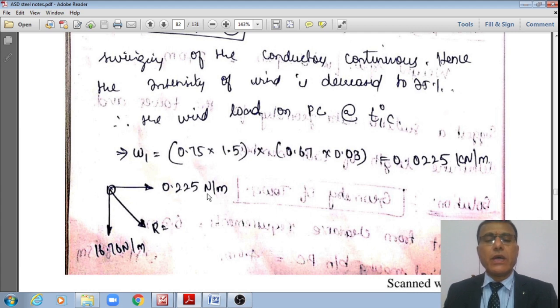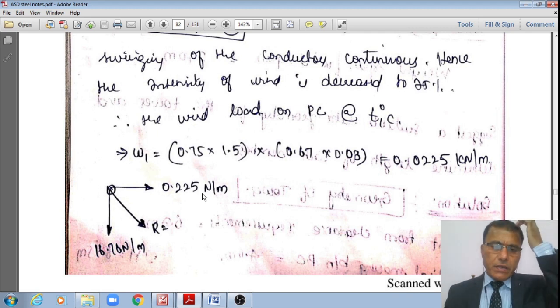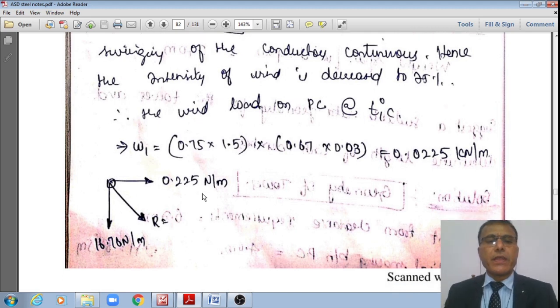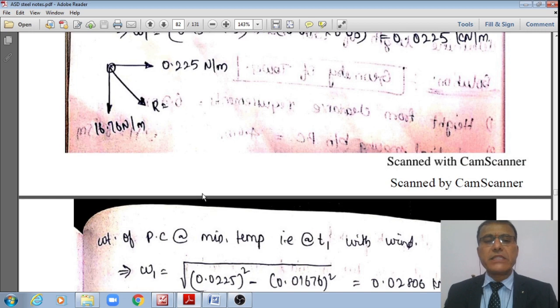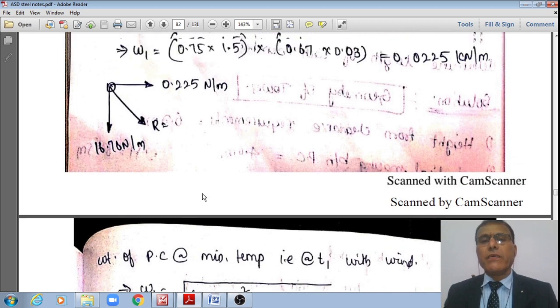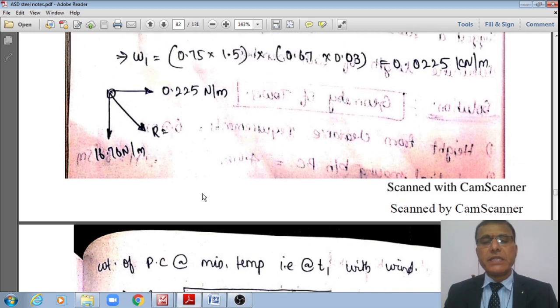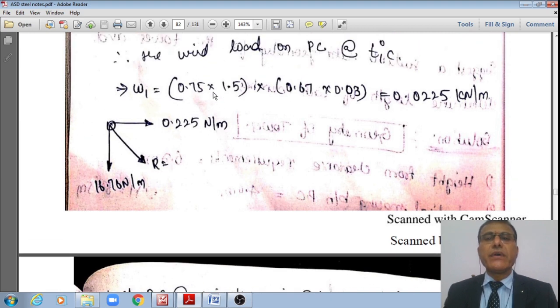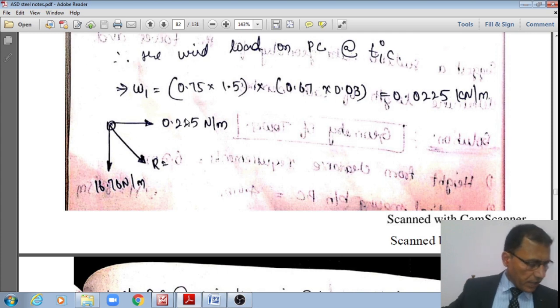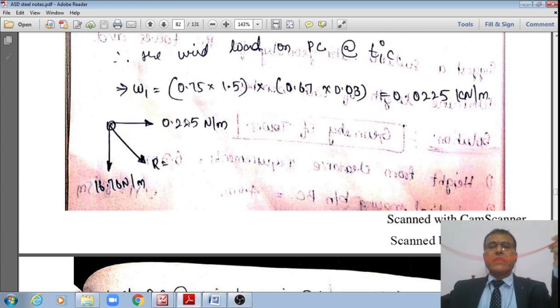However, now I'll calculate when temperature is maximum. When temperature is minimum, the wind load can also act, of 22.5 Newton per meter in the horizontal direction, in addition to the self-weight in the downward direction.